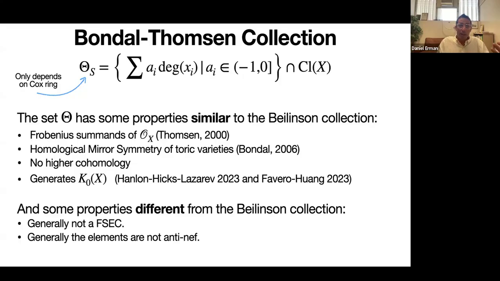I'll point out, though, there are ways in which this collection is very different from the Beilinson collection. I've highlighted two points here, and they're very related. One is, it's not generally a full, strong, exceptional collection. Sometimes there are extensions between these bundles. And it's not always the case that the bundles are anti-nef.